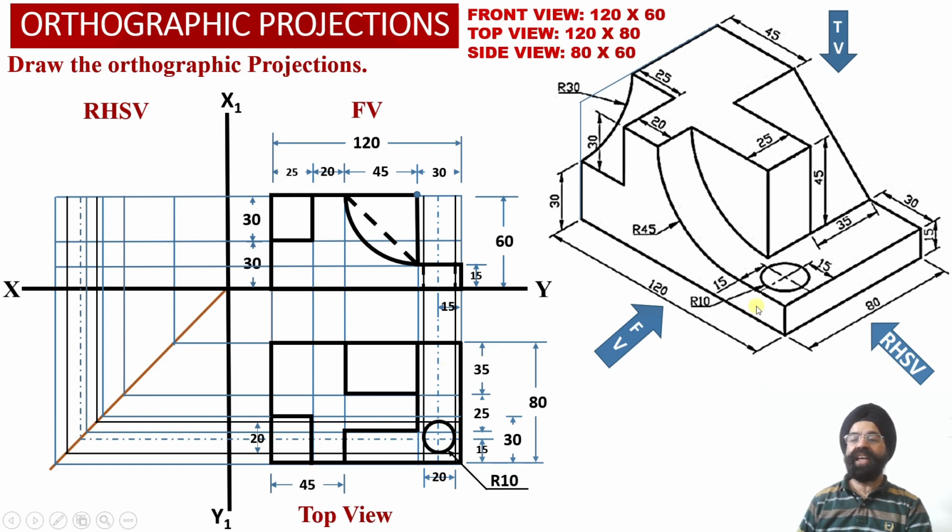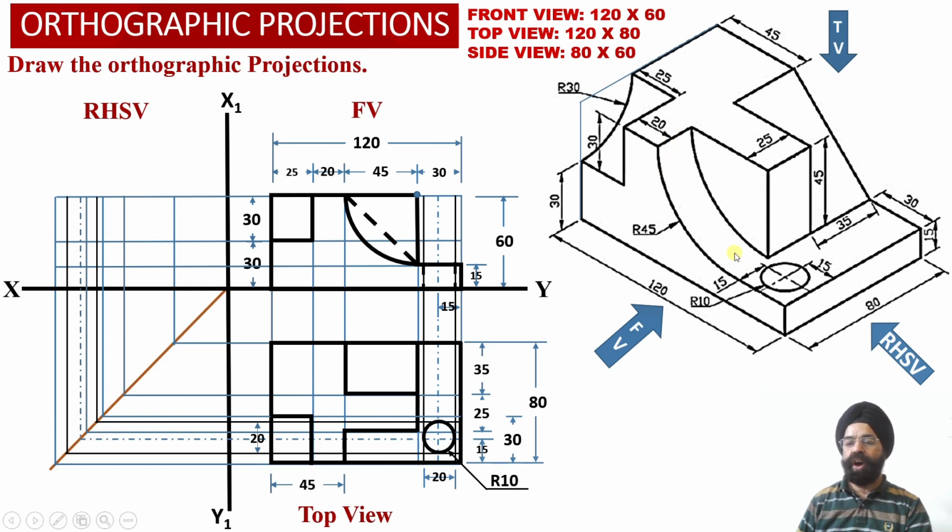And another thing we can check: corresponding to this top surface of the horizontal web, we are able to witness true shape projections in the top view projections over here. Whereas corresponding to this circular cut section, which happens to be parallel to the front face of the solid, we are not able to obtain true shape projections in the top view projections over here.